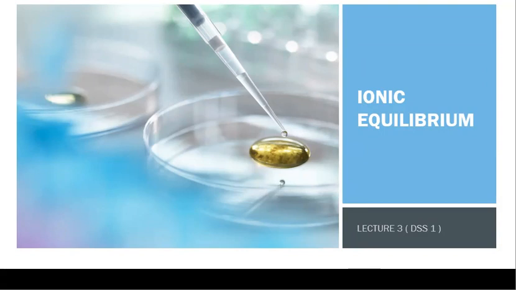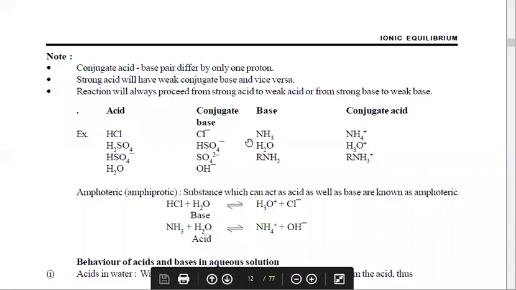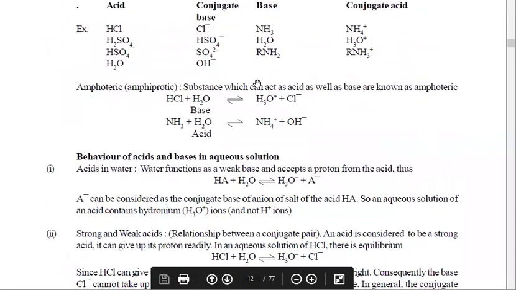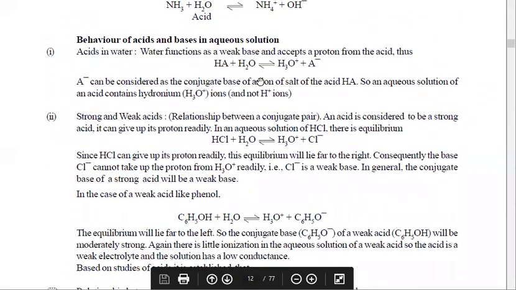Let's recall what we have studied in the last class. Basically we focused on the concept of acid, base, conjugate acid, conjugate base. Then the behavior of acid and base in aqueous solution we have already covered.